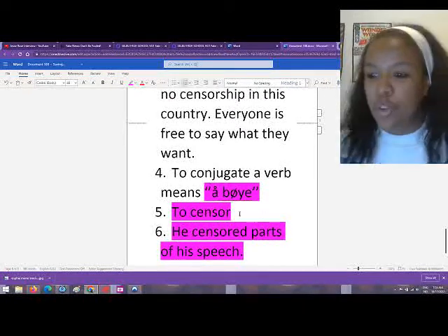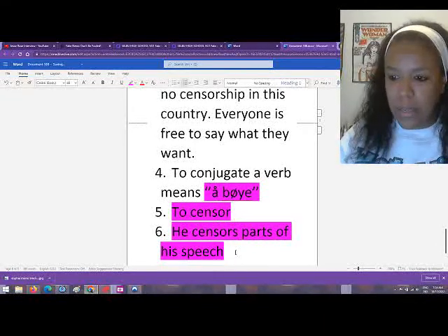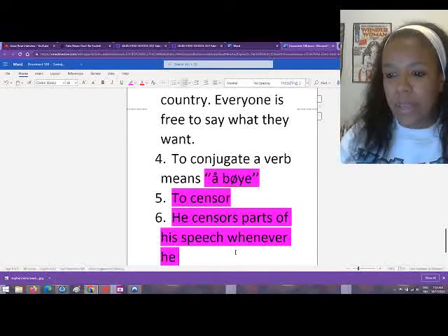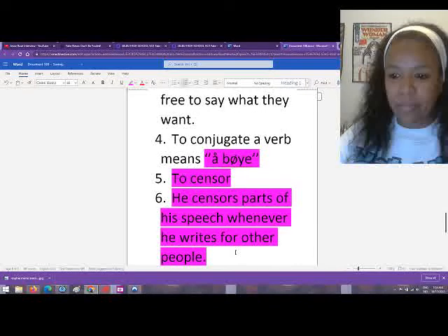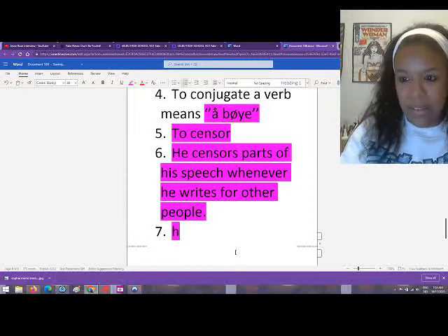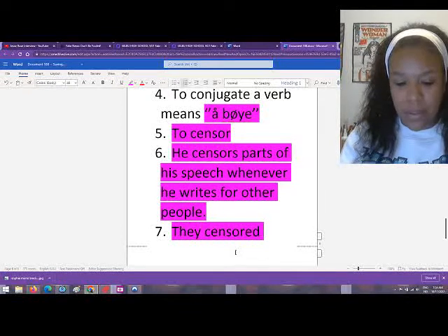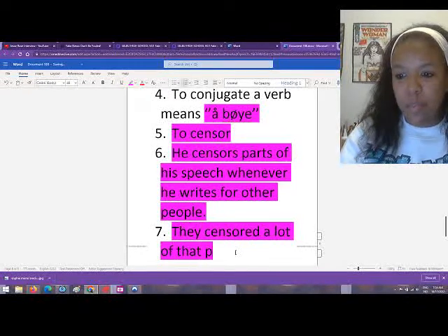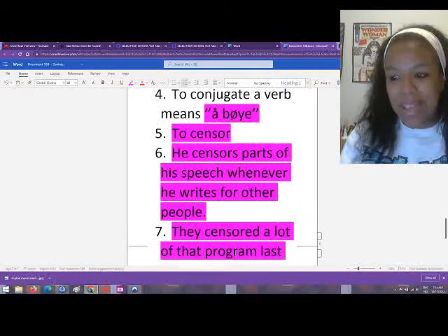He censors, simple present, whenever he writes for other people. You can use it in the past tense. They censored a lot of that program last night.